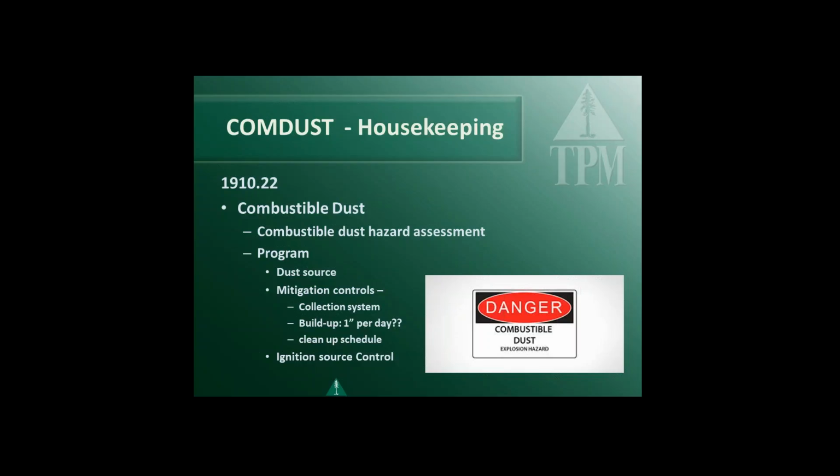I see a cord that can be drawn into this, that can get all pulled into this. Well, you've got dust there, you're missing a ground on a cord, you've got damaged cords, all this kind of stuff. Those are heat issues. Anything over 300, it can get up to about 399 degrees. Anything hotter than that is an ignition source, and they can cite you under that too for combustible dust.